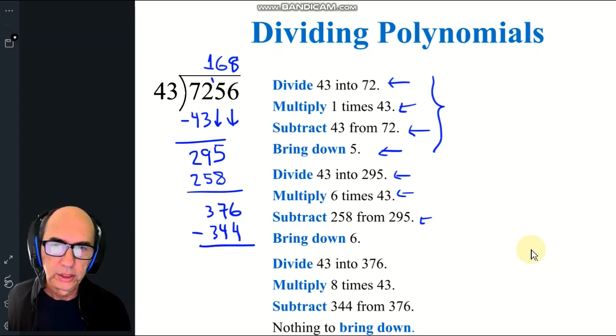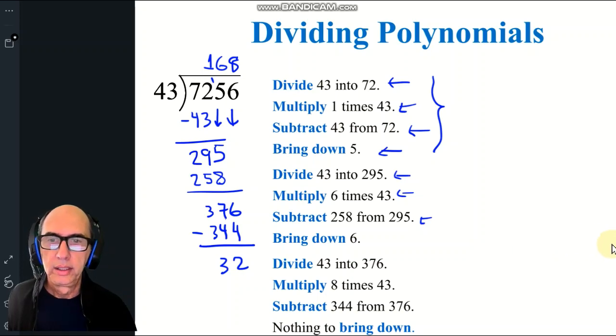Okay, 6 minus 4, 2, 7 minus 4, 3, 0. We don't have anything else to bring down, right? 6 was the last one we brought down, and this is the remainder.